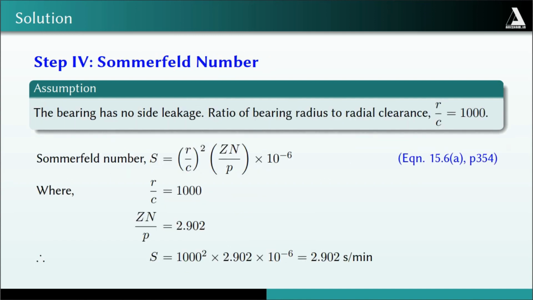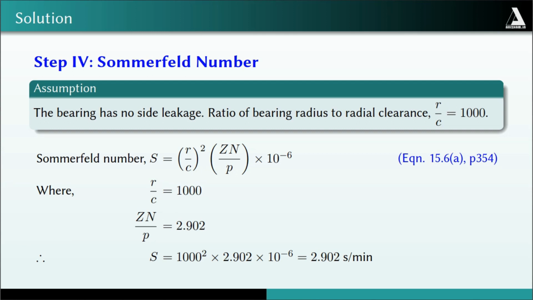Now in the next step, we determine the Sommerfeld number. Actually, this is not required as per the scheme of evaluation, but for the completion of the design, we calculate this Sommerfeld number also. In order to calculate it, we assume that the bearing has no side leakage, and that the ratio of bearing radius to radial clearance, R by C, is 1000.